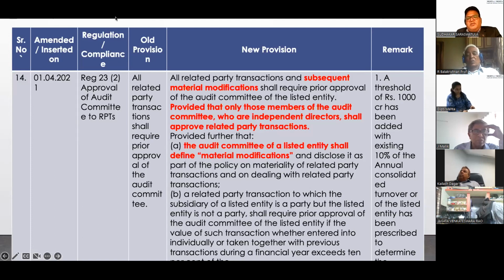Again, the majority view is that the moment the executive director participates in the discussion, he will influence the independent directors to approve the transaction. When the regulator is asking that the independent directors of the audit committee approve the transaction, they should examine it dispassionately and approve or disapprove it.